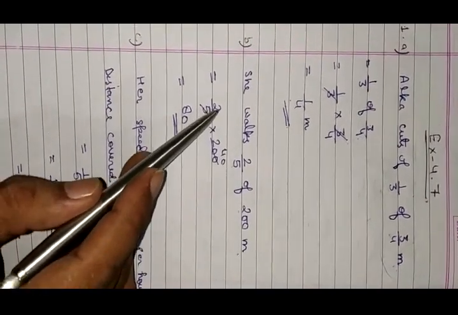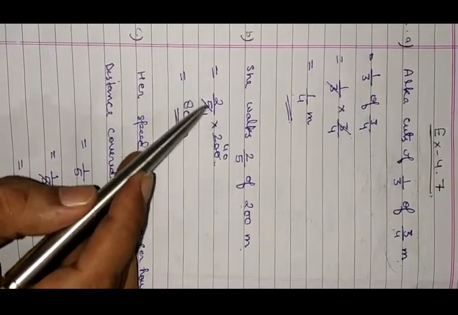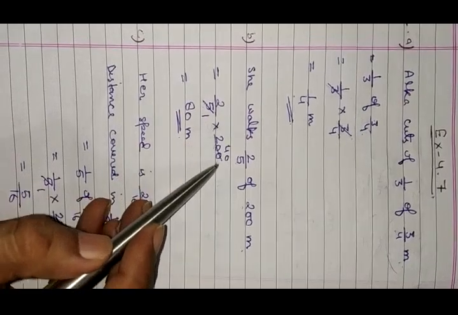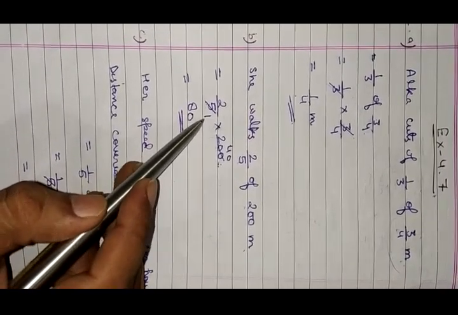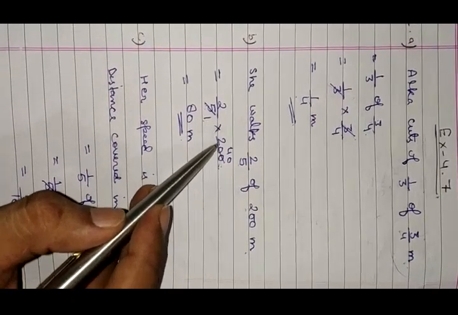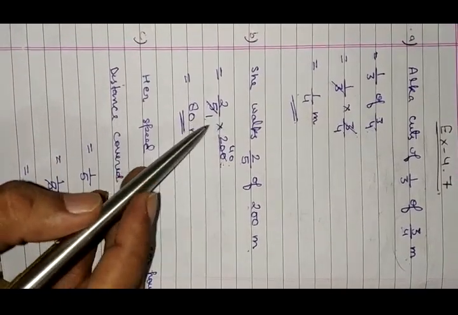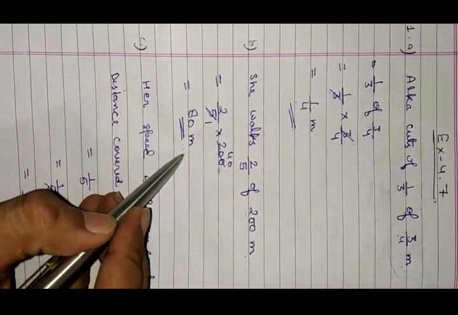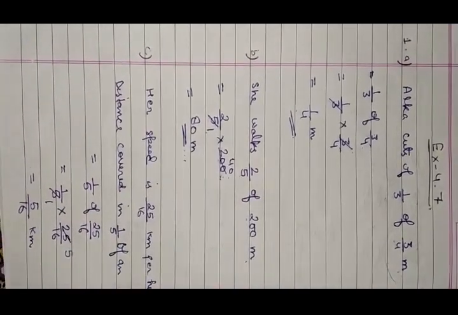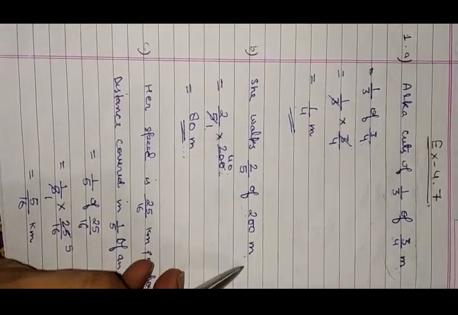So solve 2/5 times 200. The common factor in 5 and 200 is 5. 5 ones are 5, and 200 divided by 5 is equal to 40. Now 2 times 40 is equal to 80 meters. It means she covered 80 meters of the total distance of 200 meters.